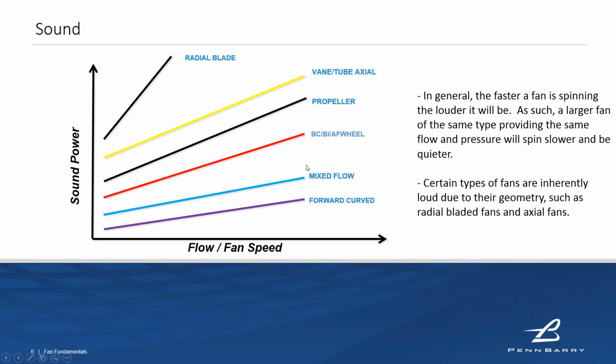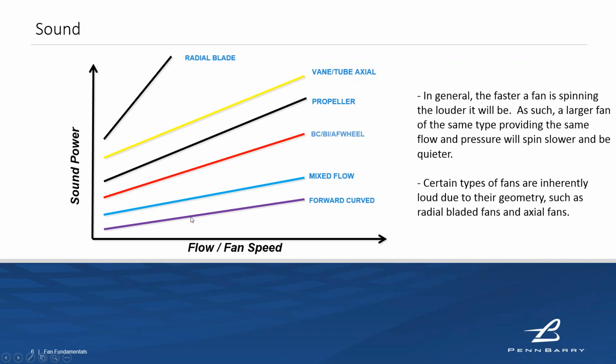Because of that characteristic, mixed flow fans, which are significantly quieter, have become more popular in those installations. Backward inclined, backward curved airfoil wheels, they're all going to be louder than a mixed flow fan, but significantly quieter than a vane axial fan.